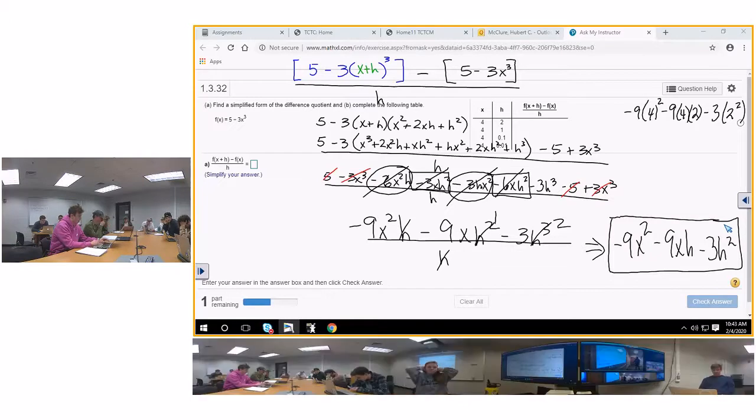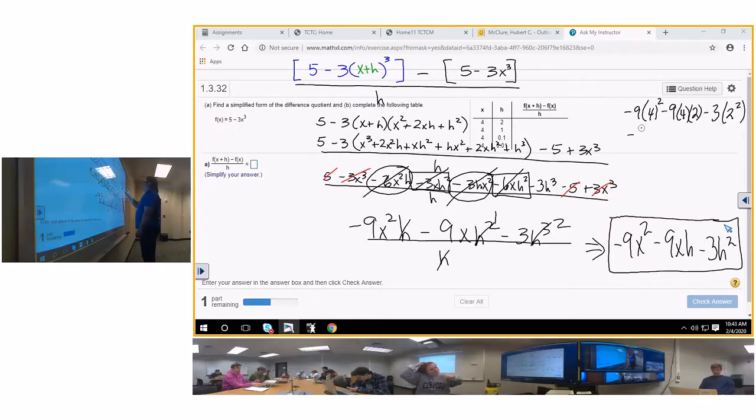And that's going to give you negative 9 times 16 minus 9 times 8, which is 72, and then 2 squared is 4, minus 12. 9 times 16 is 144. Minus 72, minus 12. Negative 216. Somebody help me out there. Negative 228. 216 minus 12 is negative 228.